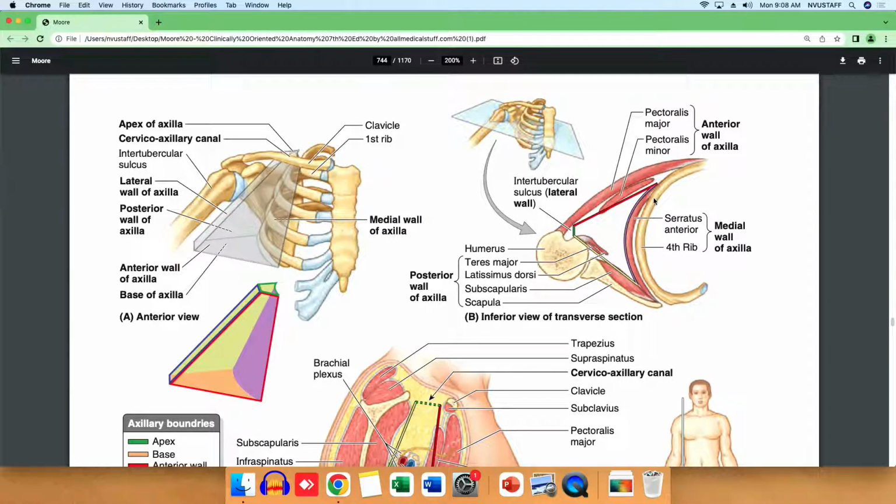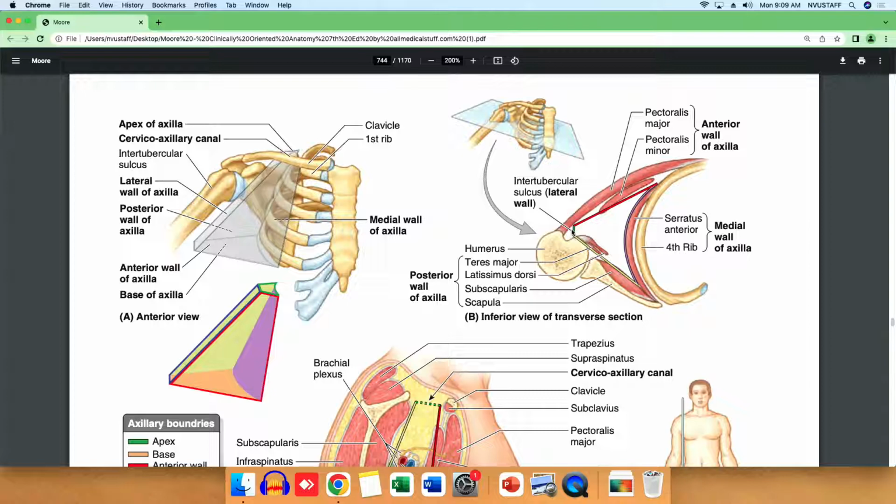It is again part of the anterior extrapendicular muscles, known as the serratus anterior muscle. So as a result, we could say that the medial wall of the axilla is represented by the serratus anterior muscle, which is very well seen here in picture B. So this is the serratus anterior muscle.